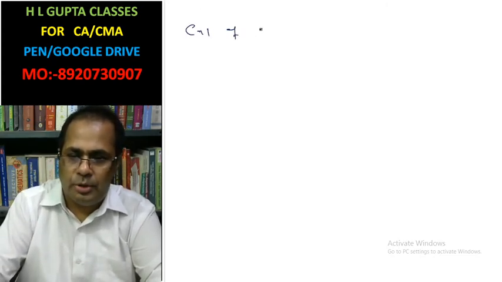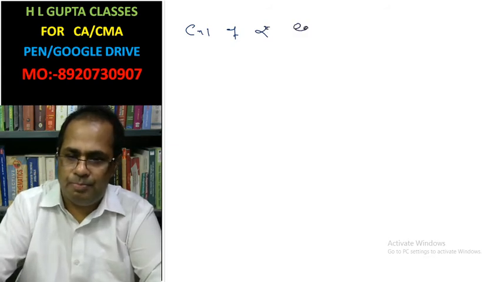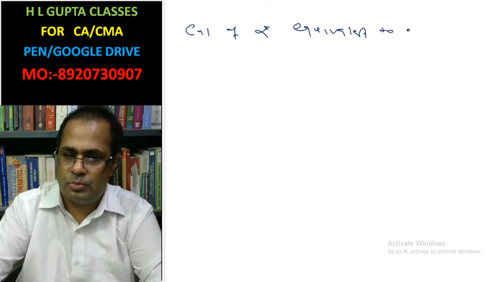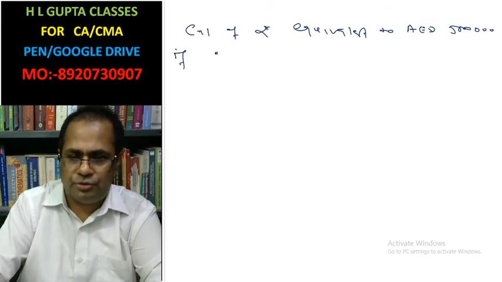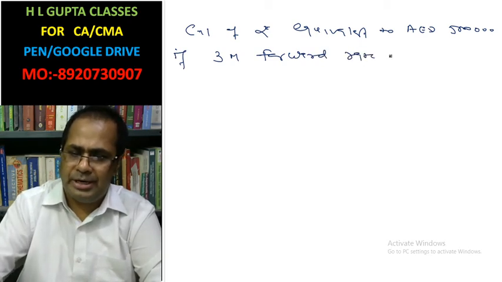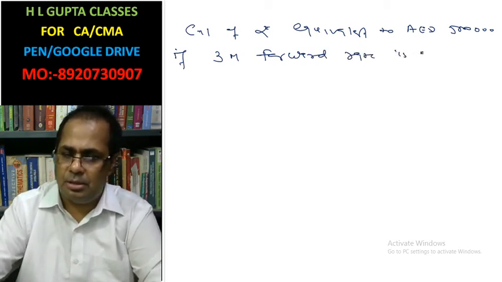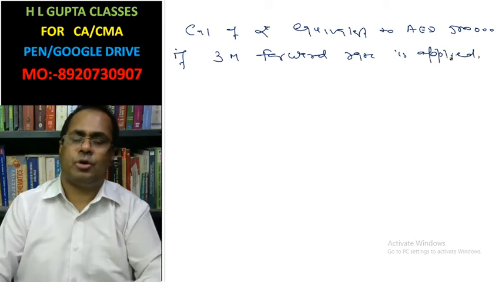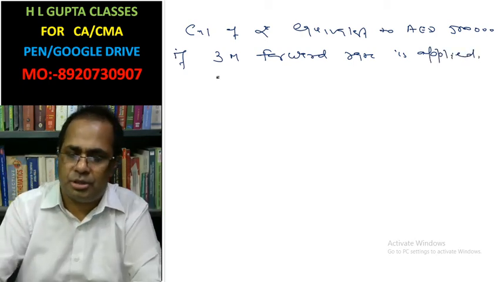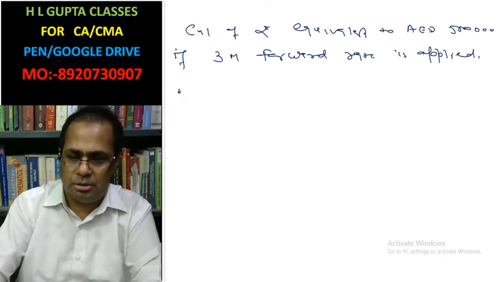Calculation of rupees equivalent to AED 5 lakh if the 3-month forward rate is covered. The 3-month forward rate is applied. That is, you have entered into the 3-month forward rate.